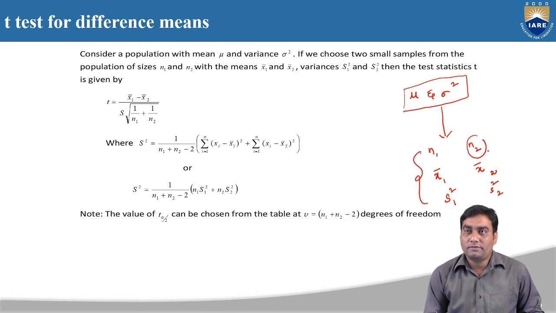These two samples are drawn from the population with the mean mu and sigma square.